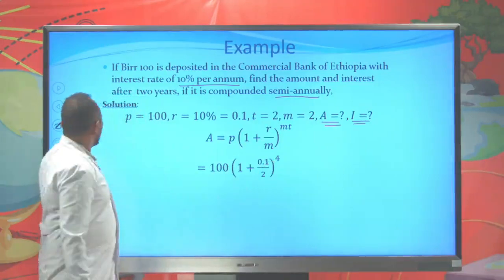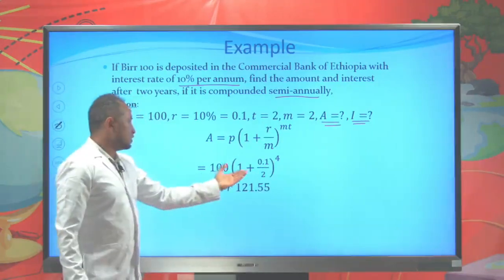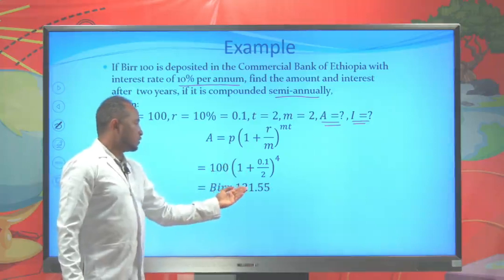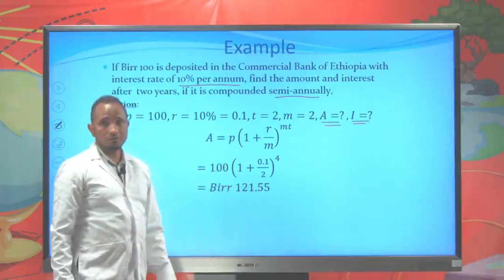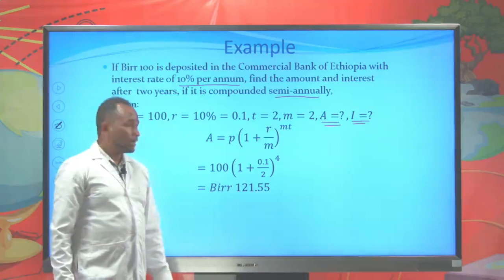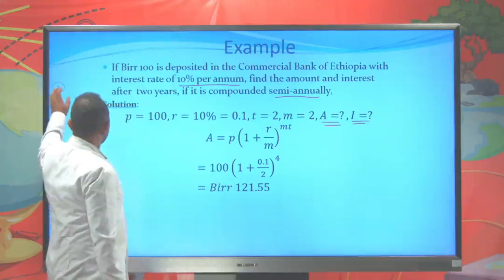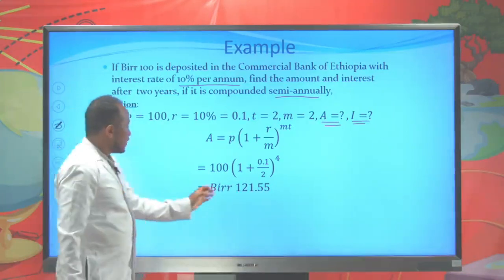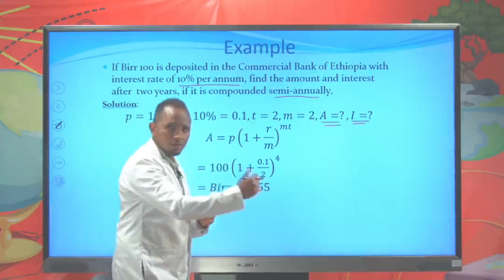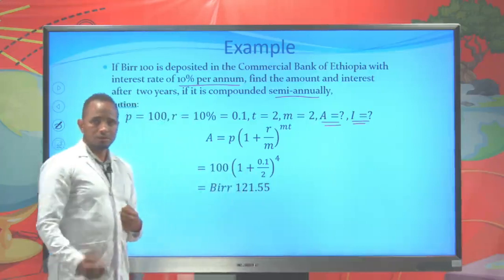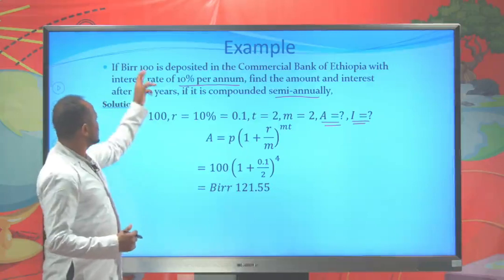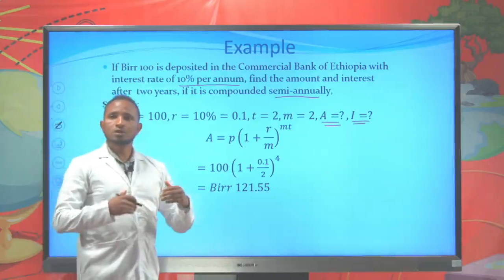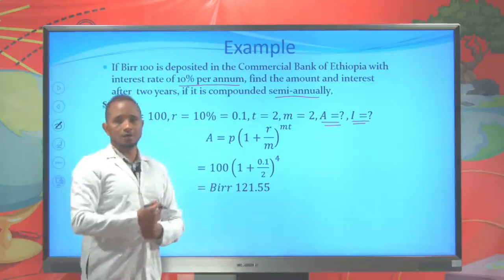So using a calculator, you can find the solution for this to be 121.55. So this is the amount, and we have the total amount at the end of the second year to be this one. The money originally invested is 100.